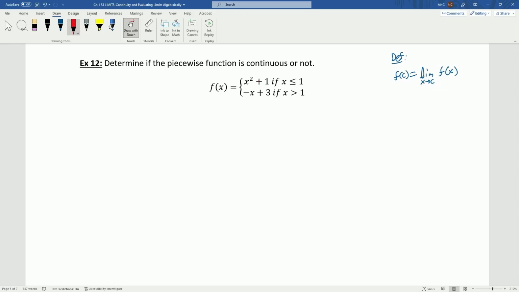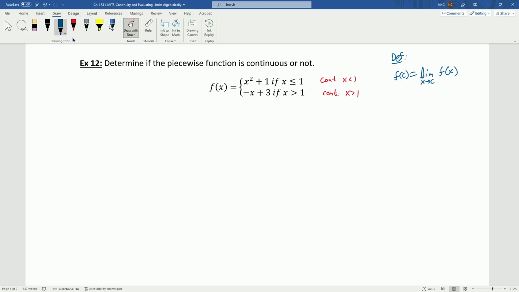Here, x squared plus 1 is continuous for x less than 1. X squared plus 1 is continuous for all real numbers, but our function is only x squared plus 1 when x is less than or equal to 1. And on the border, we might have a problem. But everything less than 1, we get continuity. And likewise, -x plus 3, that's a line, so we'll get continuity for x greater than 1. But we have to worry about what happens at 1.